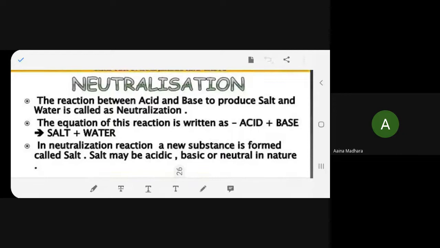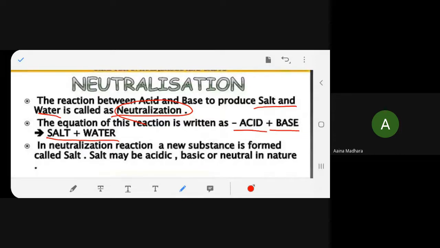So, whenever you are reacting acid and base, what do we get, beta? Salt and water. The whole process is known as neutralization. You follow me? This is revision we are doing. Secondly, how does it look? Acid plus base gives salt and water, right, beta?